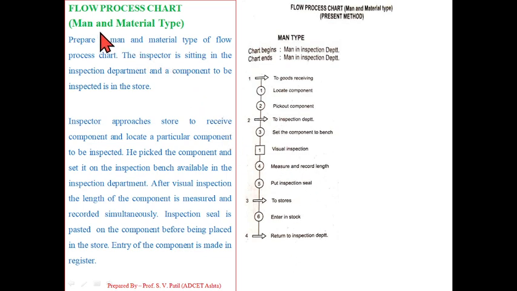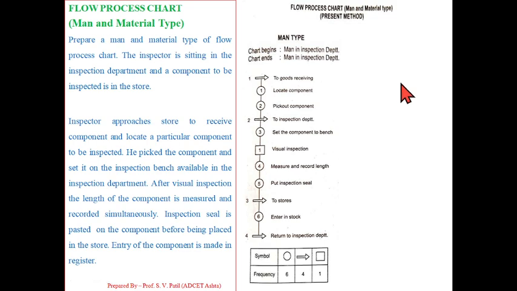Already we have discussed that we are supposed to prepare the flow process chart, man type and material type. So again we are supposed to prepare one more chart, which is for the material type. But before that we are supposed to prepare the summary of this man type. If I refer to the symbols, we have used 3 different types of symbols. First is for the operation, which is a hollow circle.